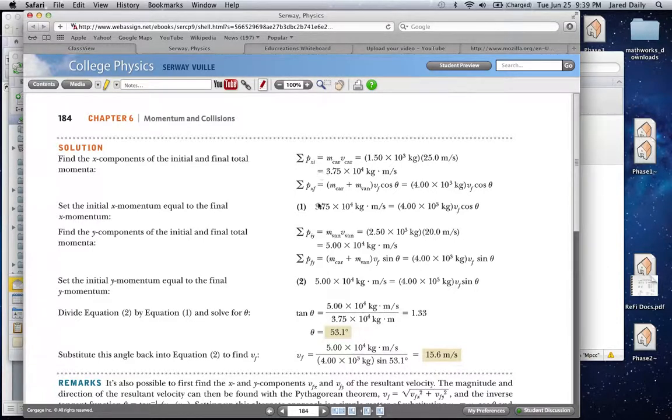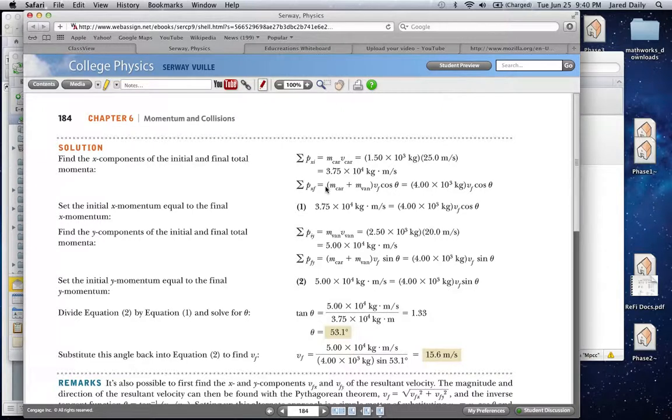But the other car is moving only in the y direction. So we have the van that's moving in the y direction. So in the x direction, we're only dealing with the car initially. So the mass of the car times velocity of the car, that is the initial x momentum right there: 3.75 times 10 to the 4th kilogram meters per second.